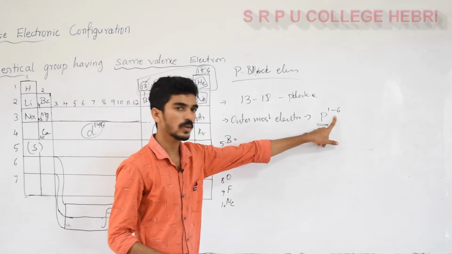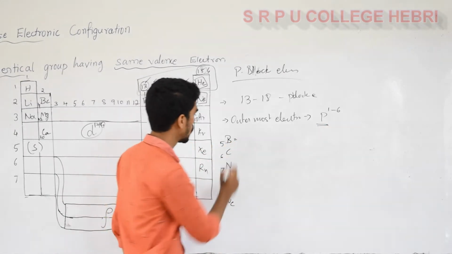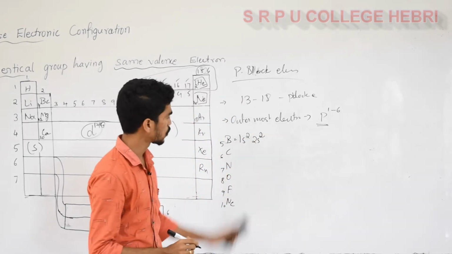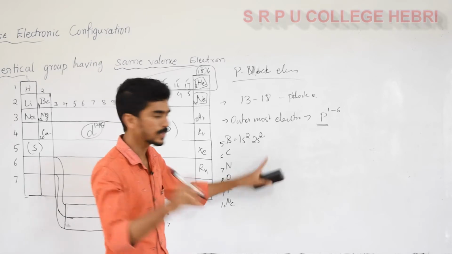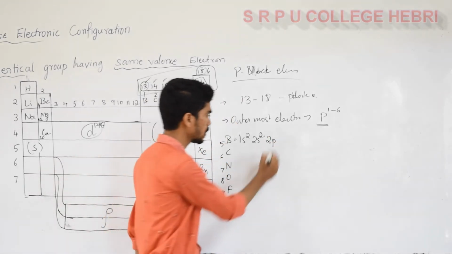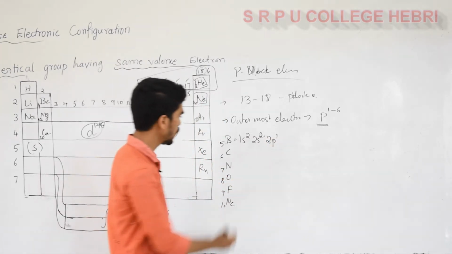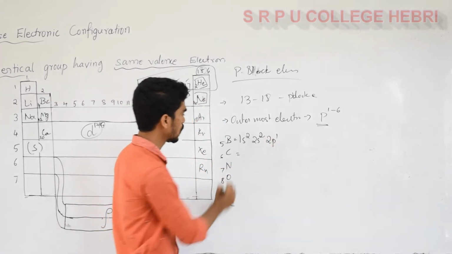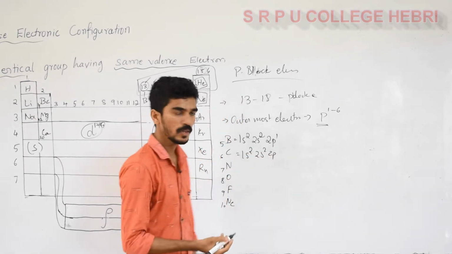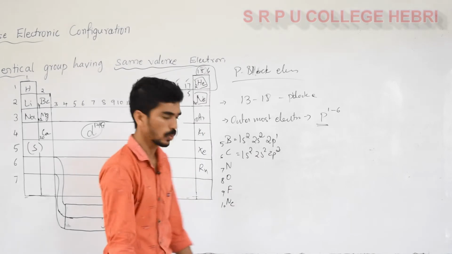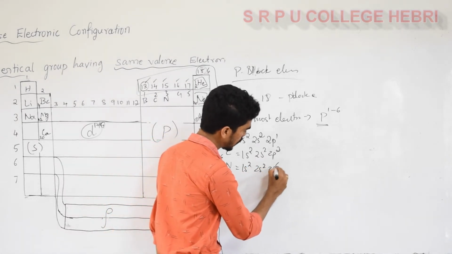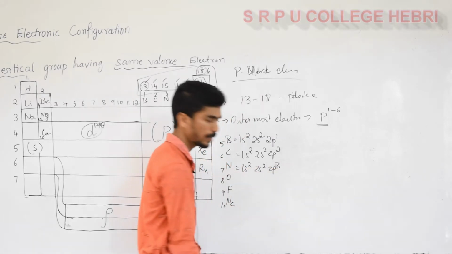Understand clearly why they come in the P block. So 5 electrons are there: 1s2, 2s2. So 4 electrons are over, and 1 electron is remaining. That should be filled into 2p, because the 2p orbital is present here: 2p1. Next, 6 electrons: 1s2, 2s2, 2p2. Nitrogen: 1s2, 2s2, 2p3.